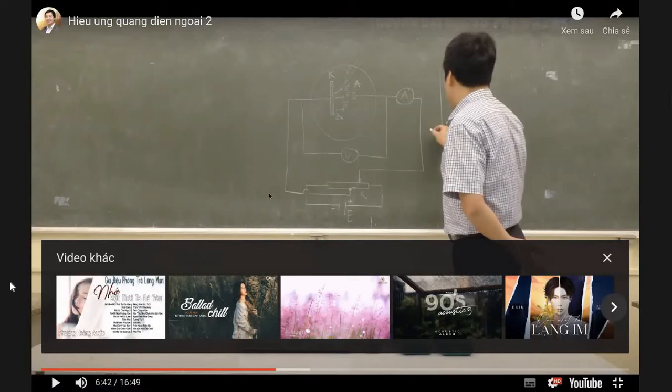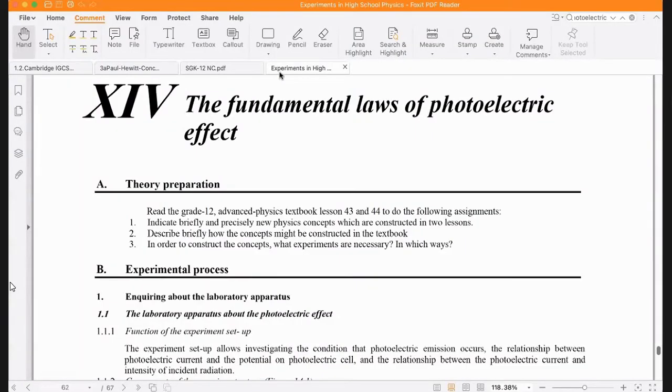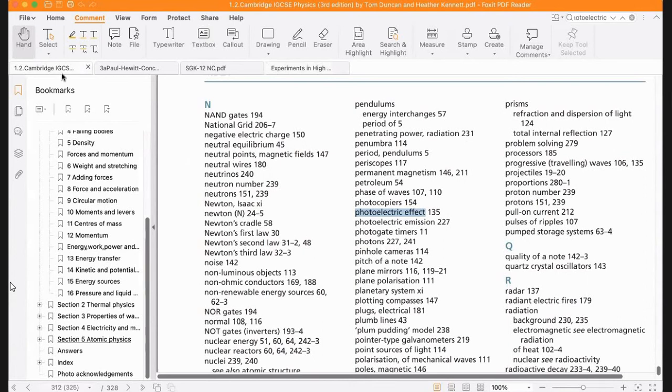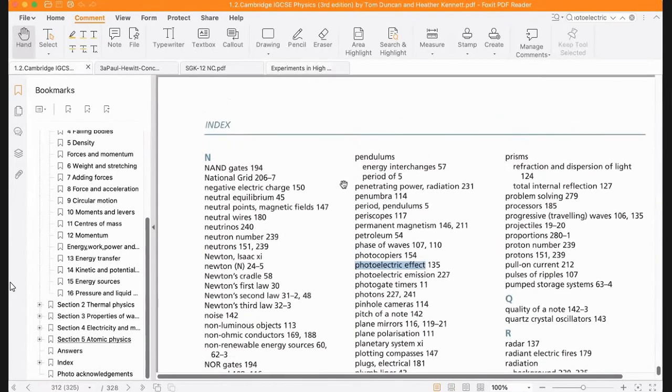If you would like to read more about the vocabulary for this phenomenon, you can open the book, the Cambridge IGCSE.